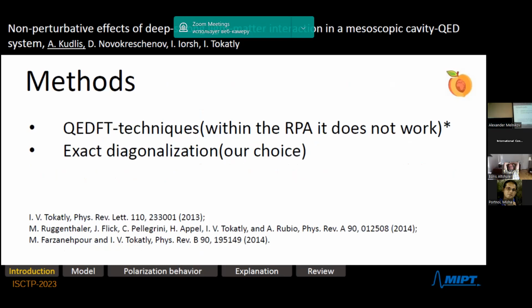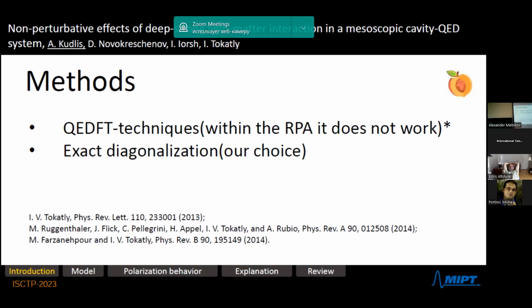First, we can look at some DFT techniques, and we did it initially, because before we prepared this work, we tried to extend QED DFT approaches and suggest some asymptotically correct energy functional. Asymptotically, I mean in terms of the number of material subsystems.